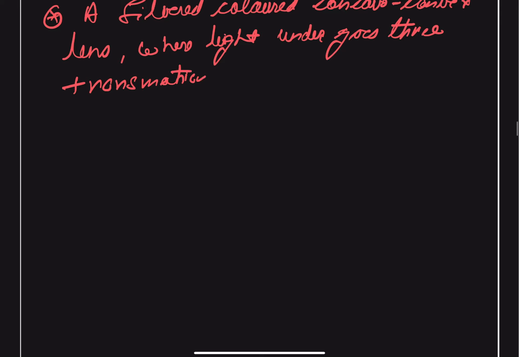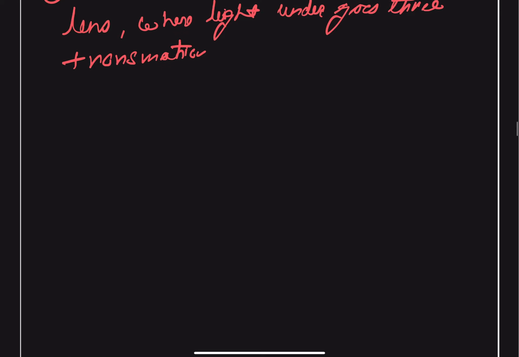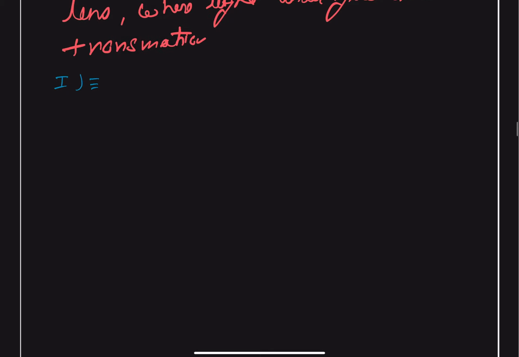That means it is going to pass through various combinations. So first will be the refraction through the lens. So first transformation, it will be refraction through the lens.